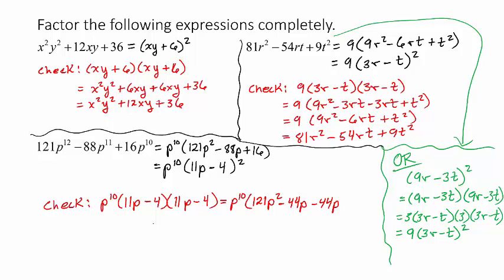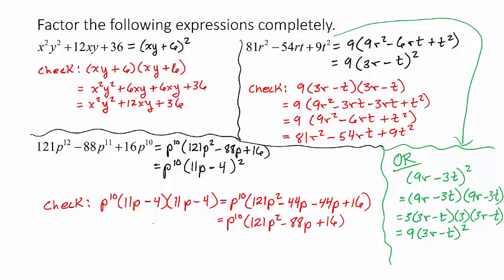And negative 4 times negative 4 is positive 16. So I've got p to the 10th times 121p squared, negative 44 minus 44, negative 88, right? So we're going to have minus 88p in the middle there, plus 16.